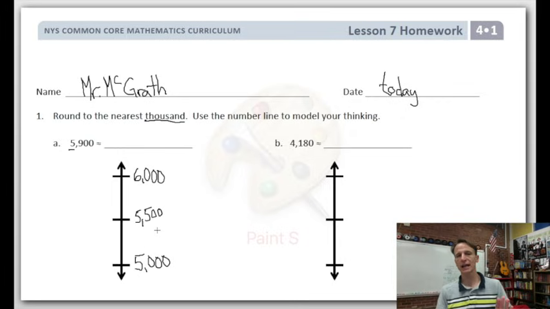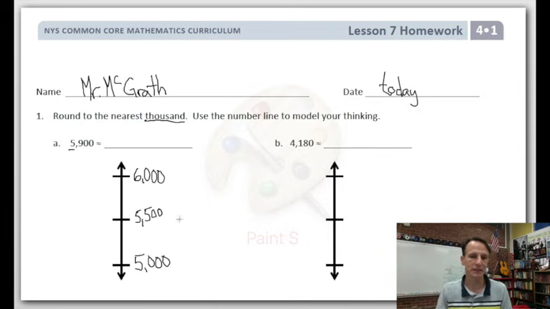But when you look at it, here's what you do. You always ask, does my answer make sense? Does that midpoint make sense? If I were skip counting now by half thousands to find a midpoint, 5,000, 5,500, 6,000, and if I were to continue, 6,500, 7,000, 7,500.